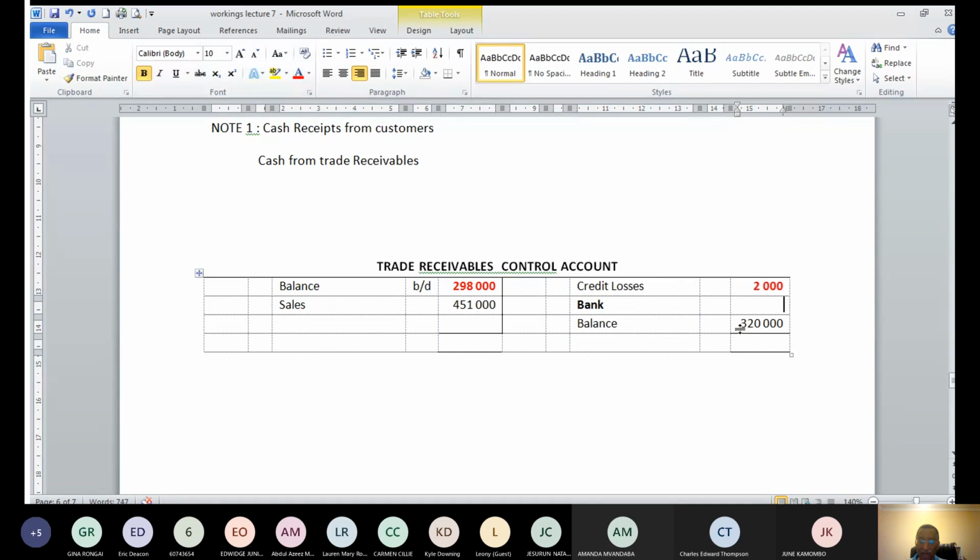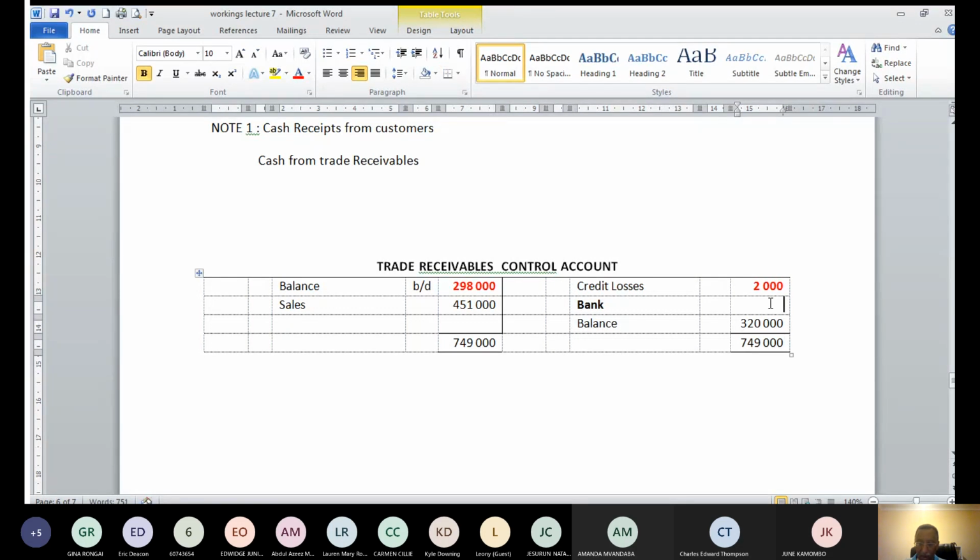I can now balance this account. If I add up my debit side, I get 749,000. The credit side, 749,000.